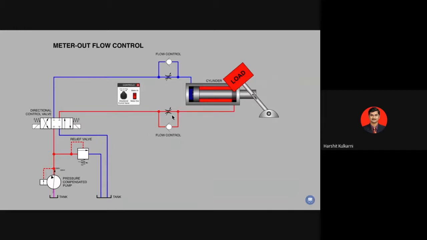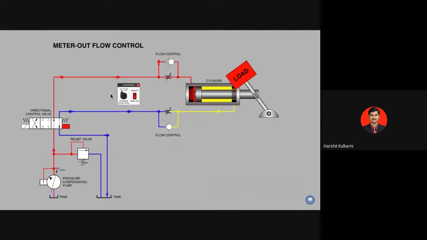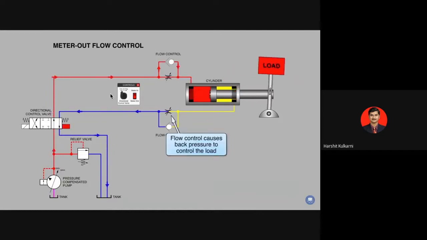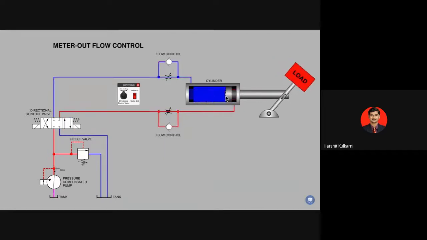If this variable needle is pinched down too far during extension, believe it or not, if there isn't enough load for the cylinder to push on, and in this case we've even got a negative load, the load is running away with the rod, what can happen is an intensification of pressure between the rod and cylinder portion, and this particular needle valve, this line here, can become pressured to many multiples of what the pressure is on the backside of the cylinder.